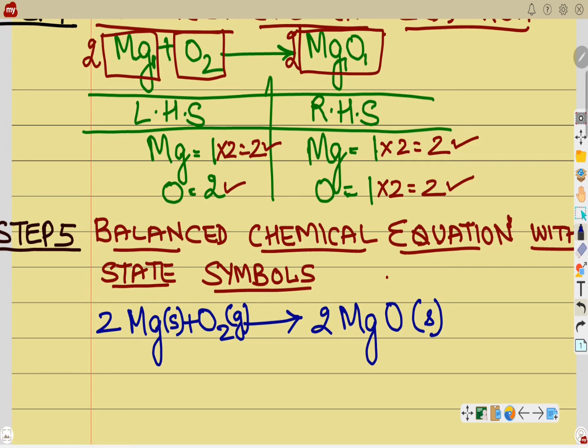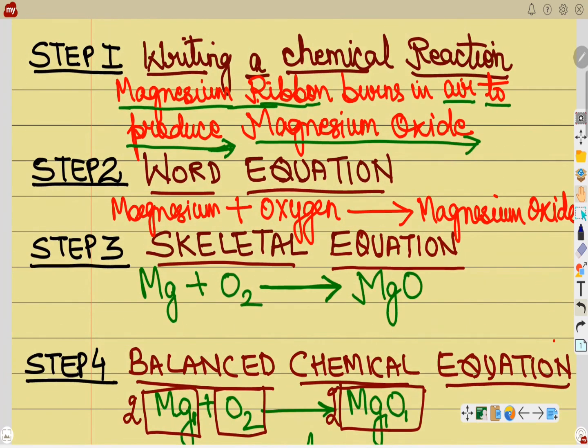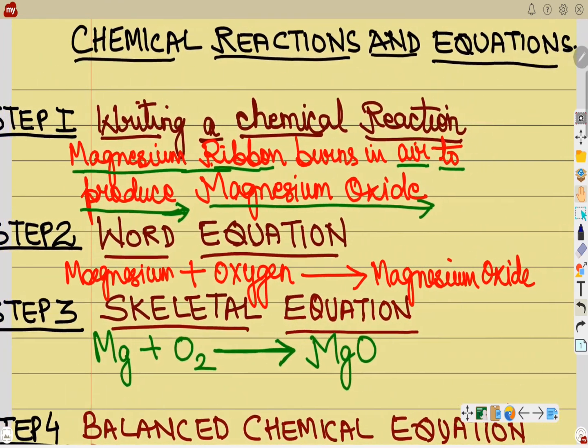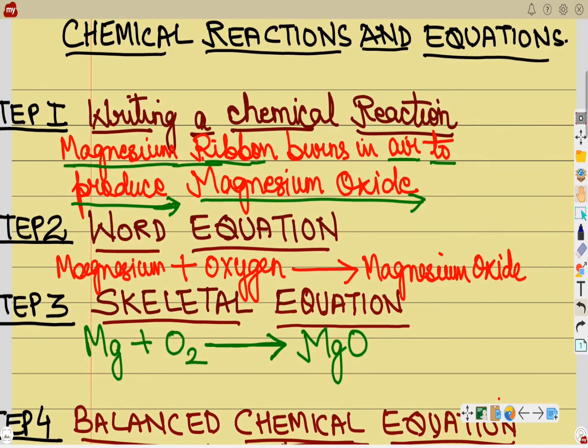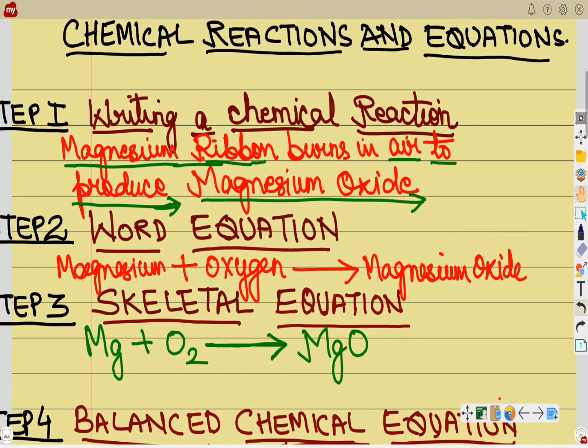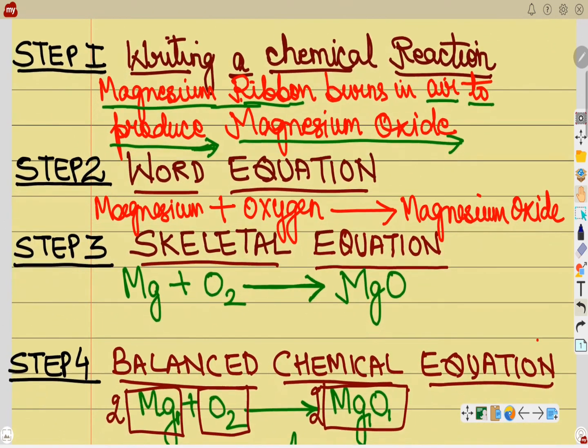This is how you will be able to write a proper full-fledged balanced chemical equation starting from the chemical reaction. So like this we have achieved our learning objectives. From the name of the lesson, chemical reactions, we have been able to write a full-fledged chemical equation. Step 1, writing chemical equation.